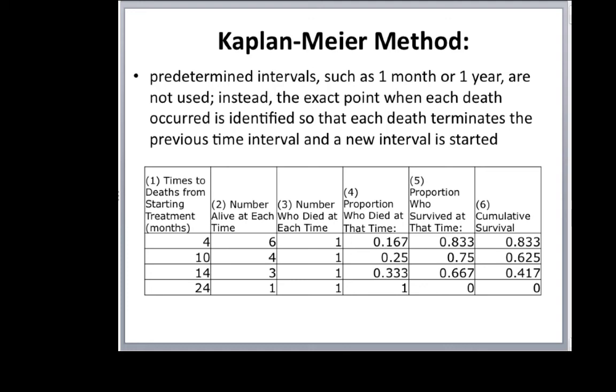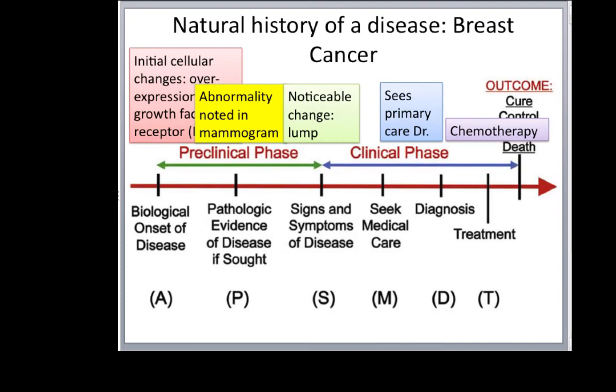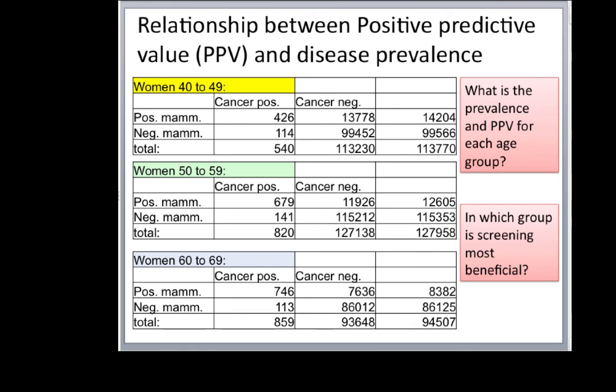And what I would like you to do is make sure, on your own time, you go through these tables, calculate the prevalence of disease, as well as the positive predictive value for each of these populations, and see how those compare.